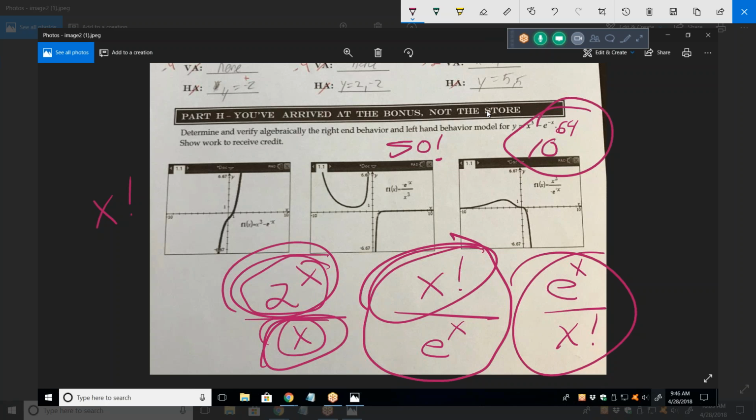This is slightly different. This is not a number to a variable exponent. This is the x to the x. Well, that actually does better than that. Because notice, if you had 10 factorial, that would be 10 times 9 times 8, whereas 10 to the 10th is 10 times 10 times 10 times 10 times 10.